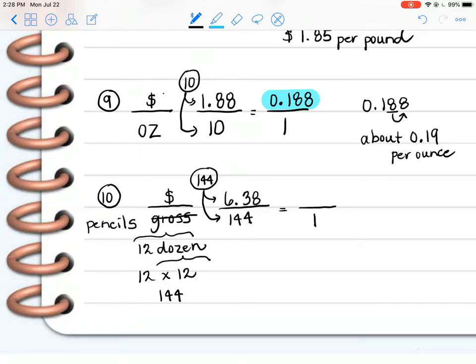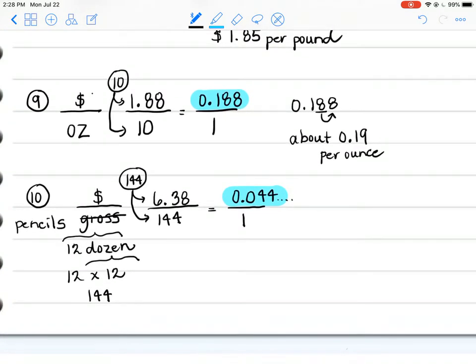And I have no idea here. So 638 divided by 144 is a very ugly number. You just need this much of it because we're going to round again to the nearest penny. So 0.044 to the nearest penny is about 4 cents per pencil.